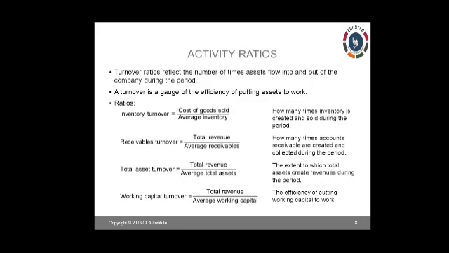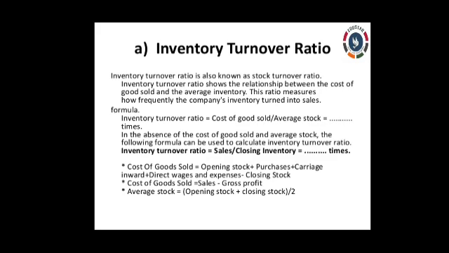The important activity ratios calculated under this are inventory turnover ratio, receivables or payable turnover ratio, total asset turnover ratio or fixed asset turnover ratio, and the last one, working capital turnover ratio. We can see them one by one.